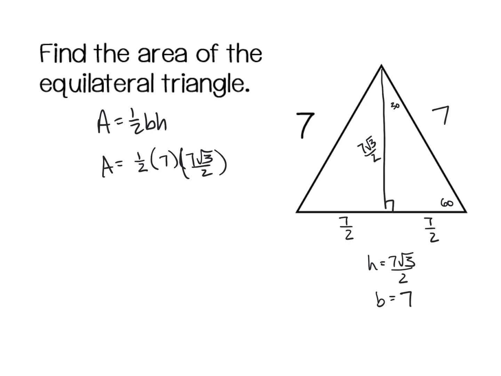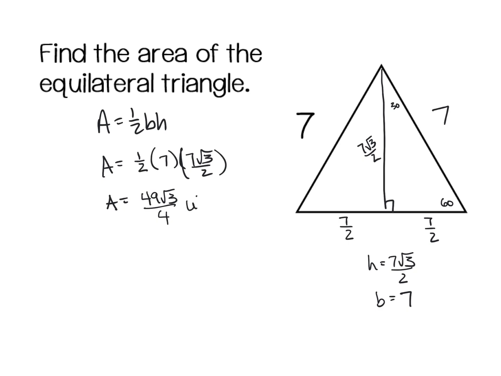If you want to see how it's simplified, I just need to multiply everything in my numerator together. So in my numerator, I have a 1, a 7, and a 7 radical 3. So 1 times 7 is 7. 7 times 7 is 49. And then I have a radical 3. So I'd have 49 radical 3 in my numerator. In my denominator, I have 2 times 2, which is 4.